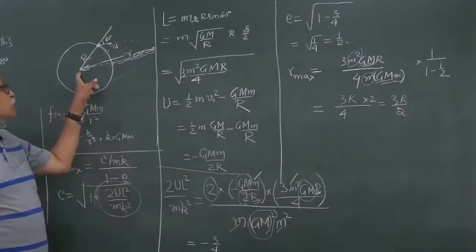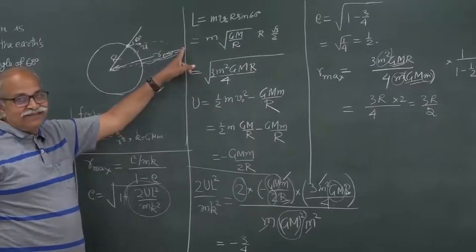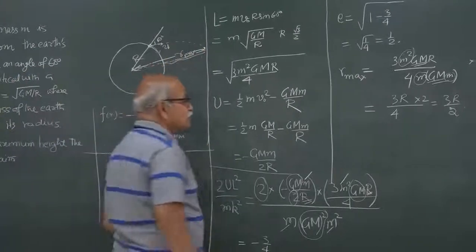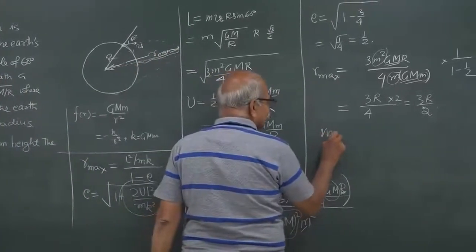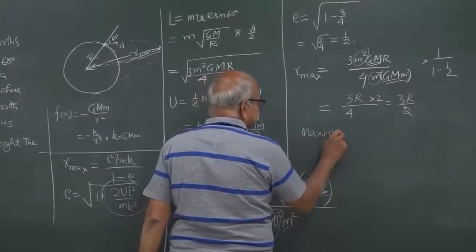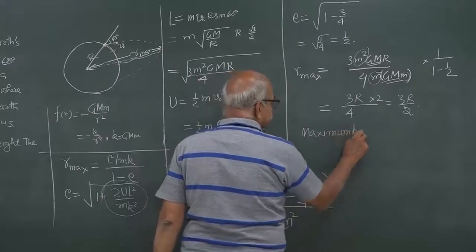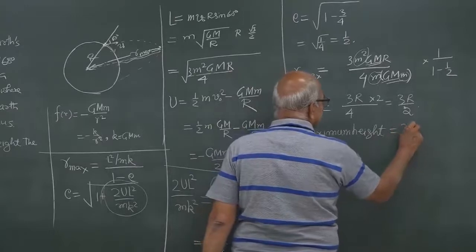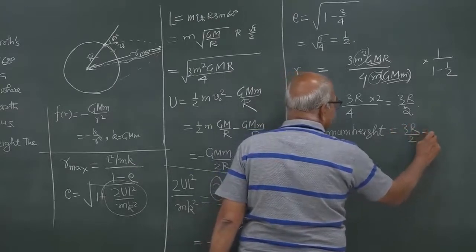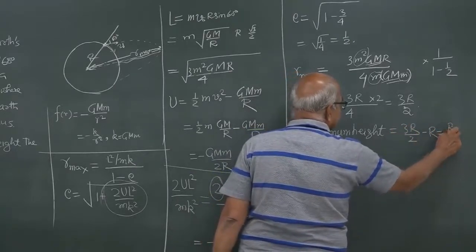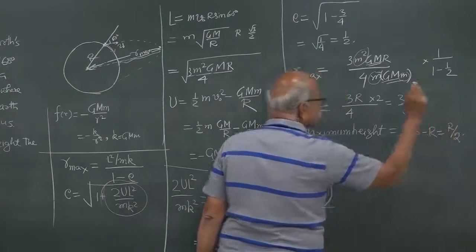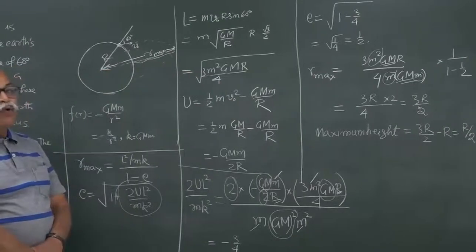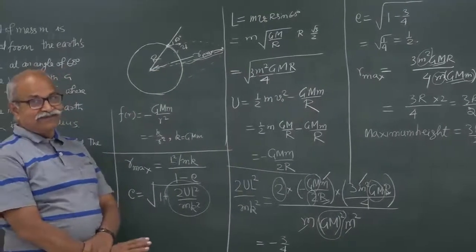From the center to the highest point is 3 r by 2, and therefore, the maximum height is 3 r by 2 minus r, and that is r by 2. So, that is the maximum height over the ground.